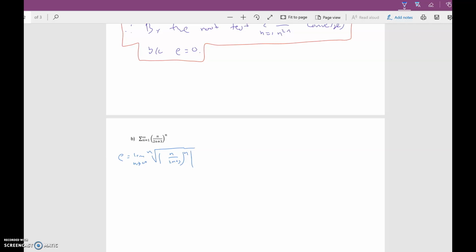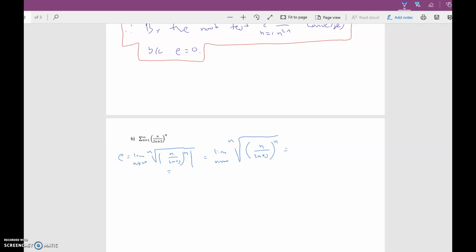Same idea, this portion is positive, so I'm just going to drop the absolute value.